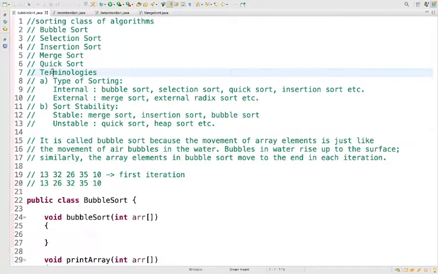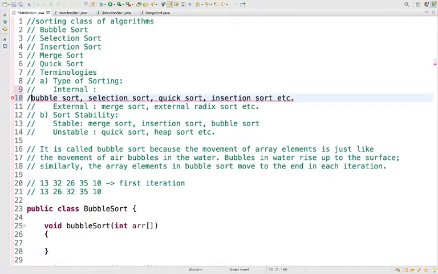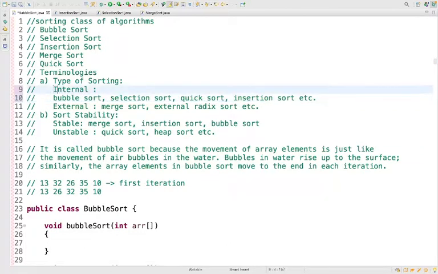So all these things come into the picture. Before coming to the implementations of this class of sorting algorithms, we have to see the types. We generally consider two aspects in sorting: one is the type of sorting, and the other is sort stability. So let's start with the type of sorting. One type is called internal sorting, where the elements in the array arrange themselves in a particular order within the array without using extra memory.